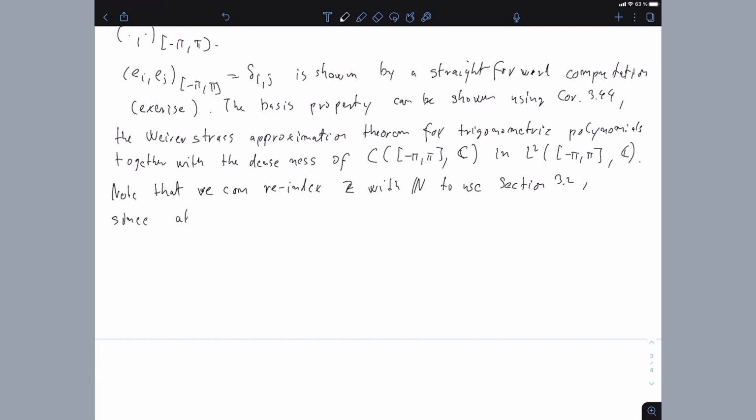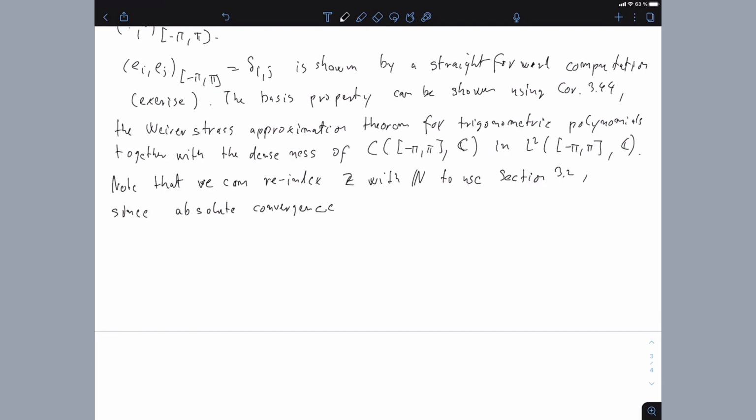Since we had this absolute convergence of all these series, and absolute convergence implies unconditional convergence, in incomplete spaces, and L2 is complete.